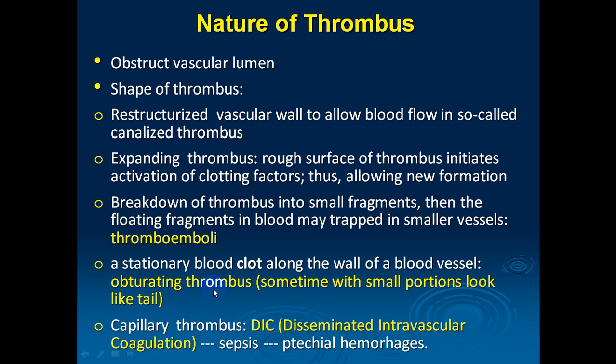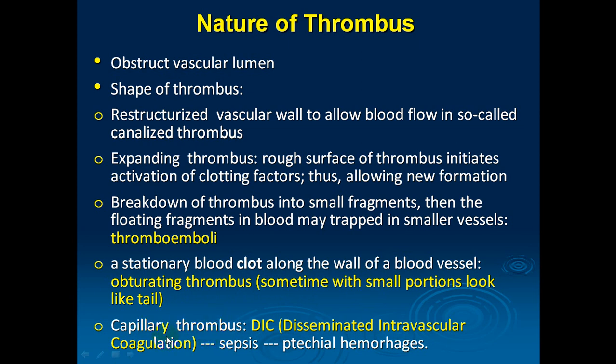There is also blood flow stasis due to a completely filled thrombus in the blood vessels. And sometimes this thrombus can also make a free part that looks like a tail. We call it a tail thrombus.